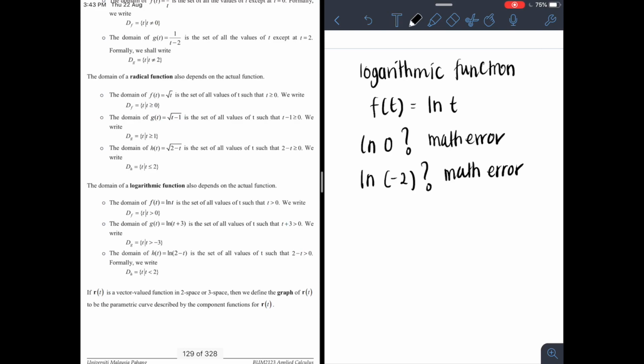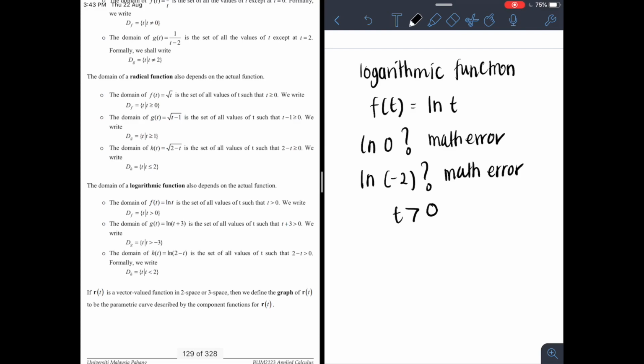So right now, if you choose any value greater than 0, not including 0, you will get the answer for ln in your calculator. So right now we have a conclusion that in order for this logarithmic function to be defined, the value t should always be larger than 0, not including 0.